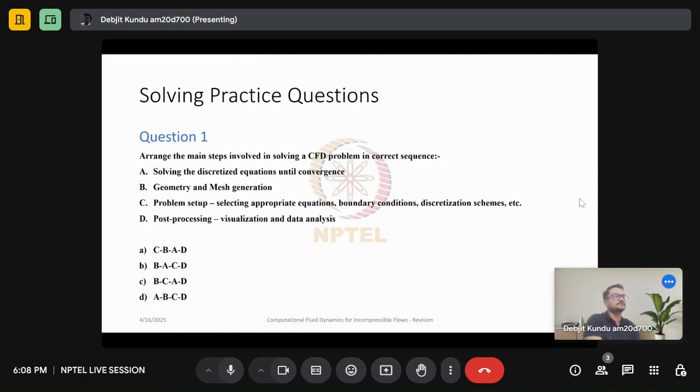So once you arrange them in a correct sequence, there could be 4 options as given below. Option A being CBAD, option B being BACD, option C being BCAD, and option D, ABCD.